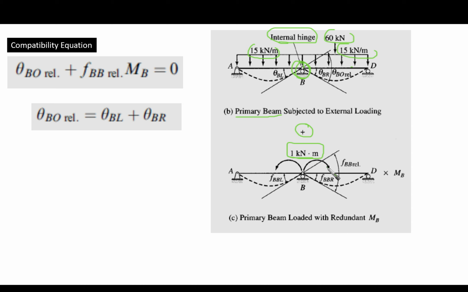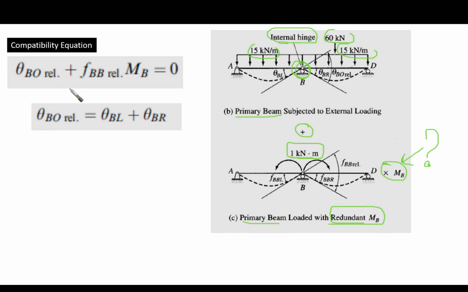This is the moment sense, clockwise here and counterclockwise in this direction, and it is multiplied by our redundant, our main unknown. This is what we do not know. So here this is the primary beam loaded with the unit moment multiplied by the redundant.